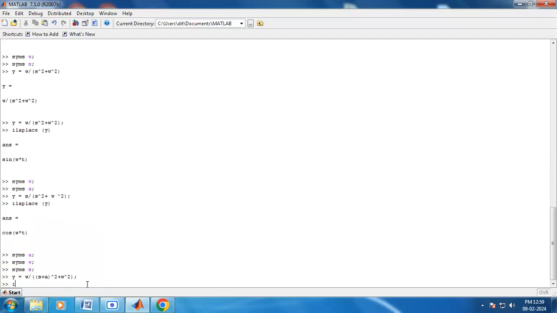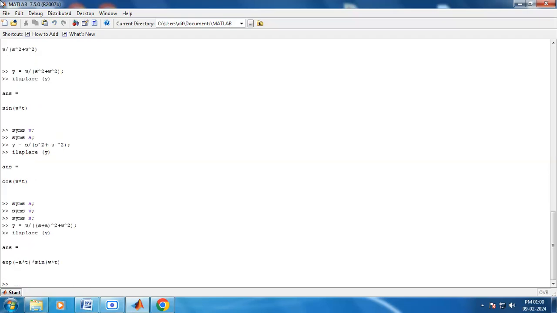Then inverse Laplace of function y. Our answer is exponential of minus a into t into sine omega t.